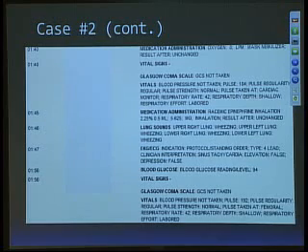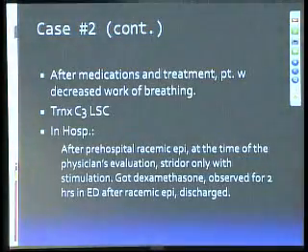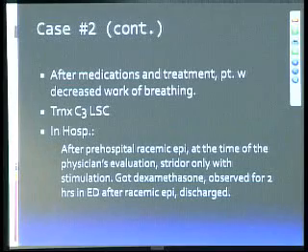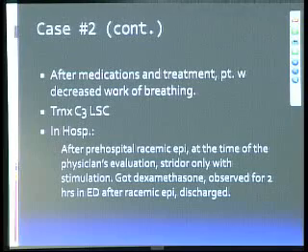Got nebulized racemic epinephrine, which is appropriate, and had a decreased work of breathing, which is good, and was transported to Salmon Creek. After the pre-hospital racemic epi, the stridor had largely resolved, got dexamethasone.